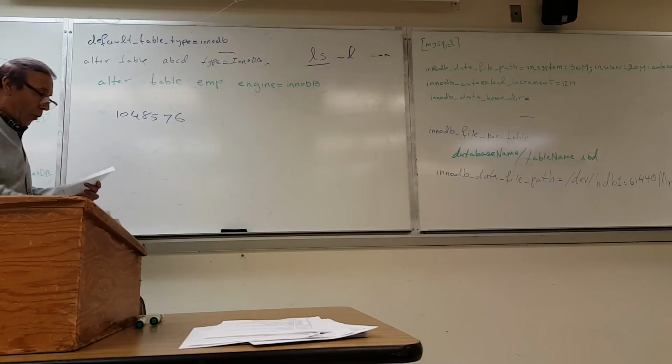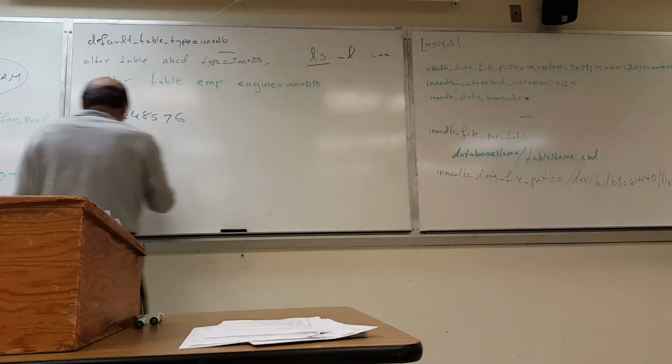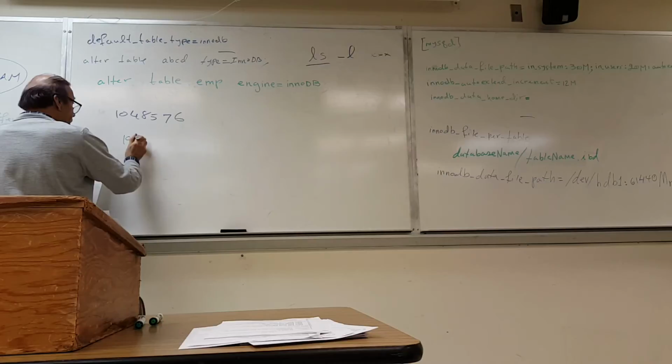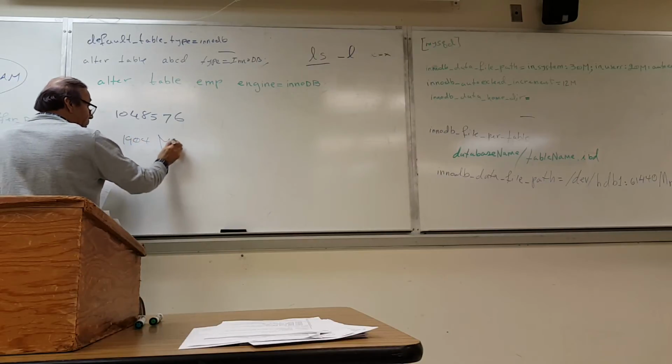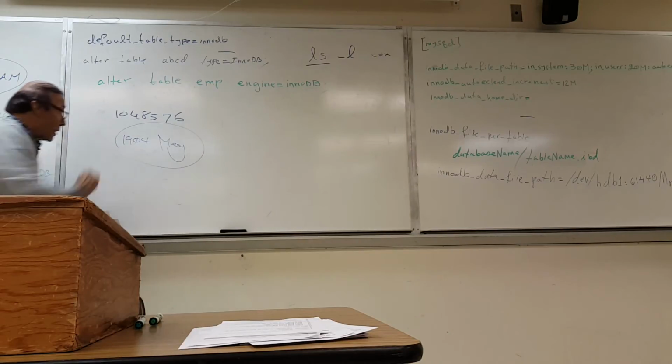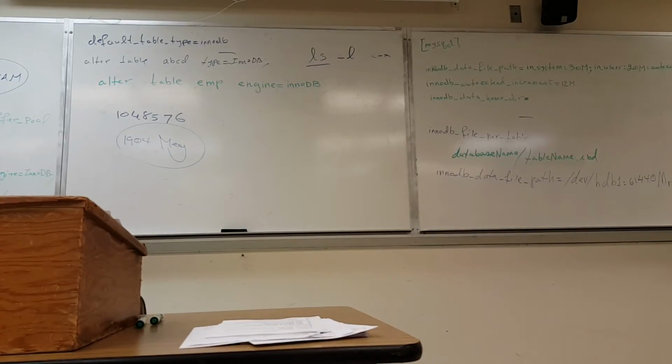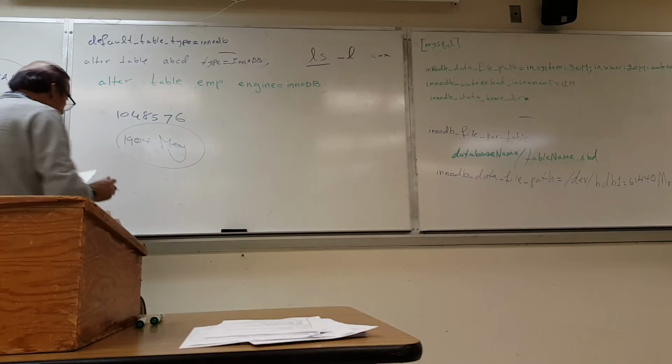After conversion, in our test, we got 1904 meg. It means the size of our table space was currently 1904 meg. Now we want to expand it to a maximum of 4 gig. Let me show you what the command is.